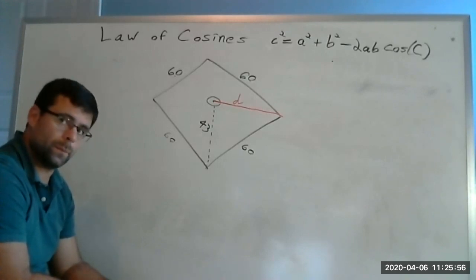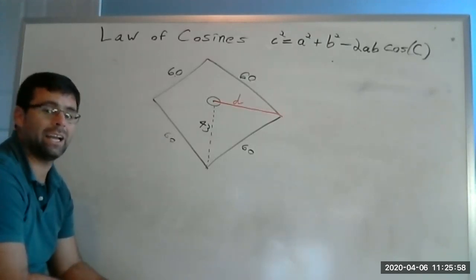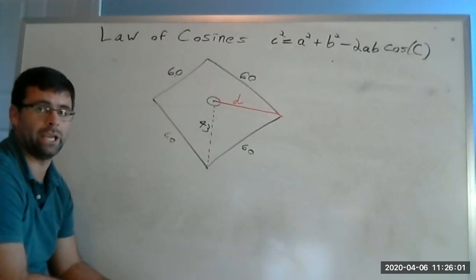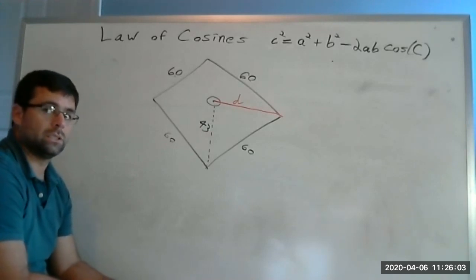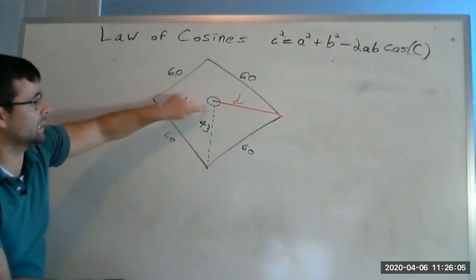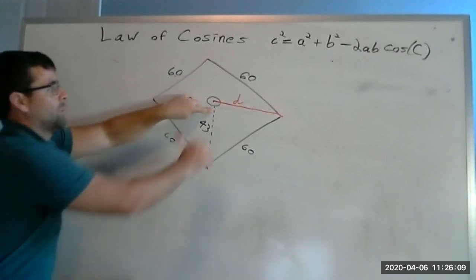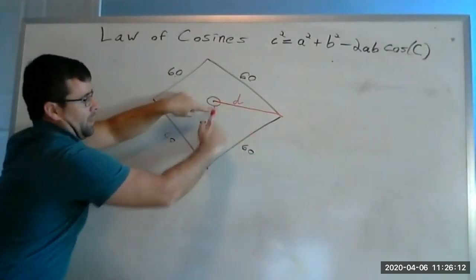Nope. Because it's not halfway between home and second base. If it was halfway between and it was right here, then that would be a right triangle. There to there.